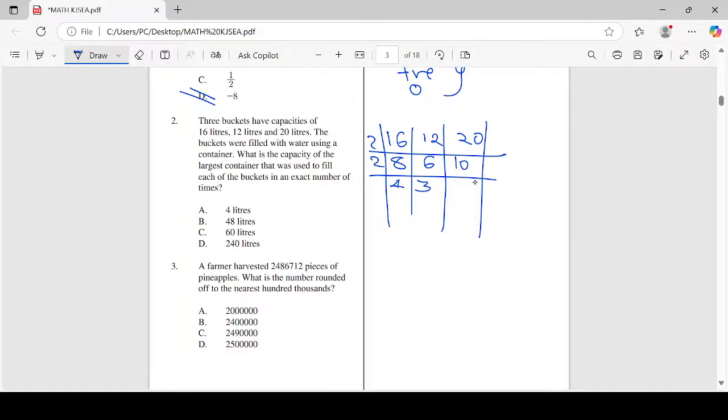And 2 into 10 is 5. We don't have any other number. So our GCD in this case is 2 times 2, which becomes 4. Then we look for a choice that has 4 as the answer. So our correct answer is choice A.